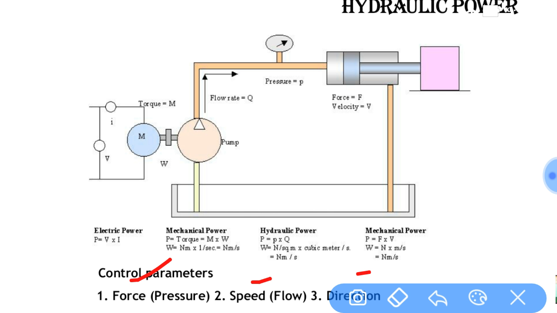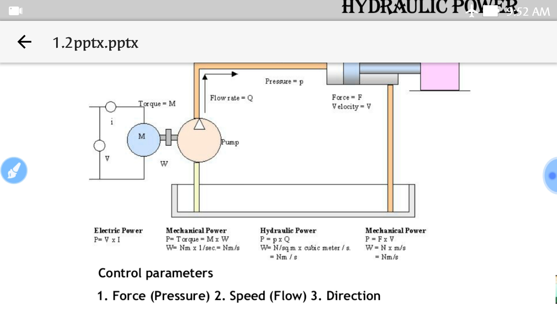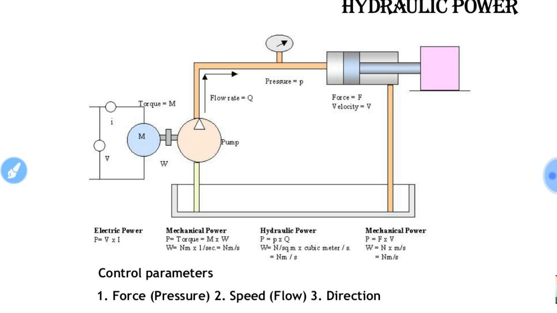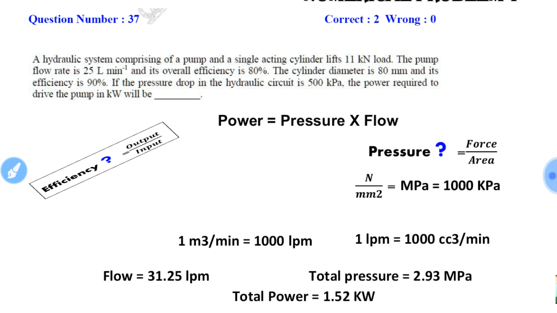Now if the concept of hydraulic power is clear, then we'll go to a numerical problem. We'll solve a numerical problem from GATE 2017. So this is the problem. Here it was asked: a hydraulic system comprising a pump and a single acting cylinder, just like the last picture.